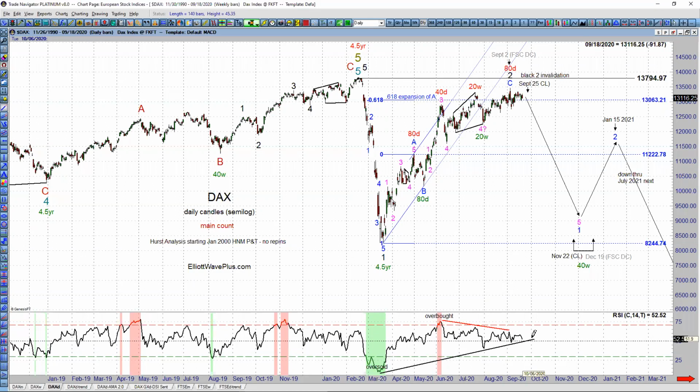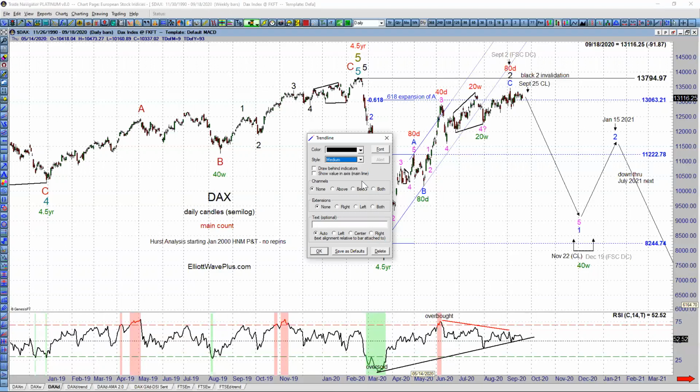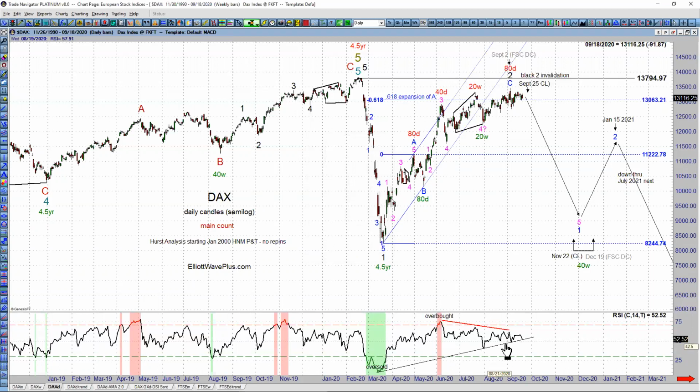Sometimes I like to draw lines on the RSI indicator. And you can see it's sitting right on a shelf, potentially ready to blow to the downside.